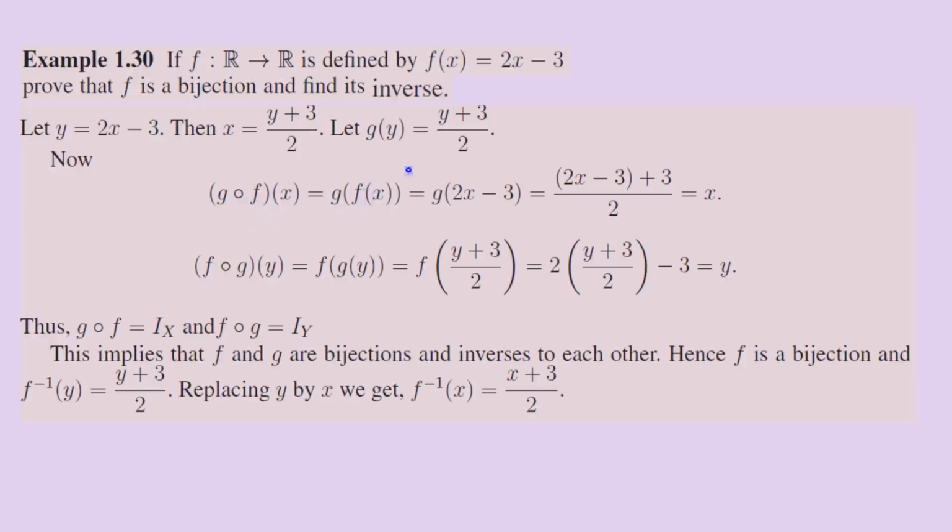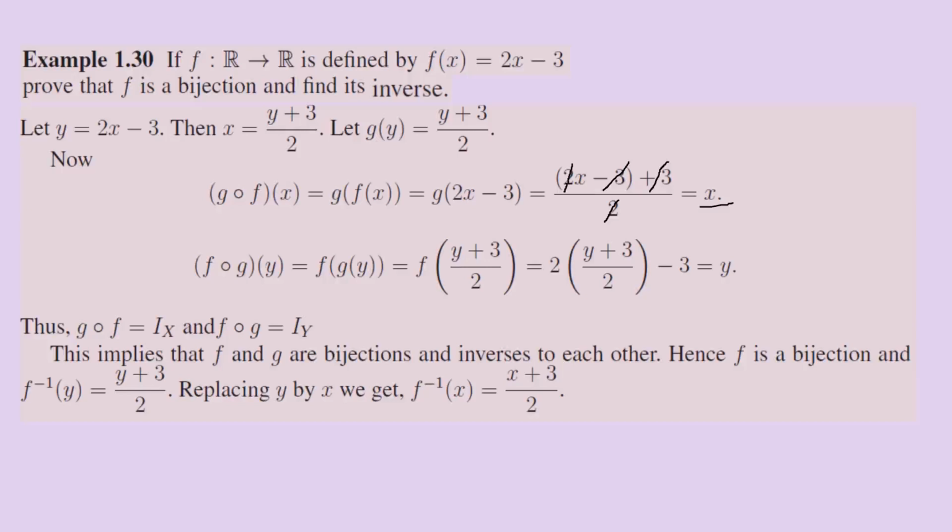The answer of f of x is 2x minus 3, so g of 2x minus 3. Since g of y is y plus 3 divided by 2, here we put 2x minus 3 in place of y. Then these two terms get cancelled: minus 3 and plus 3. We get 2x divided by 2, and the 2 cancels, so we get only x.